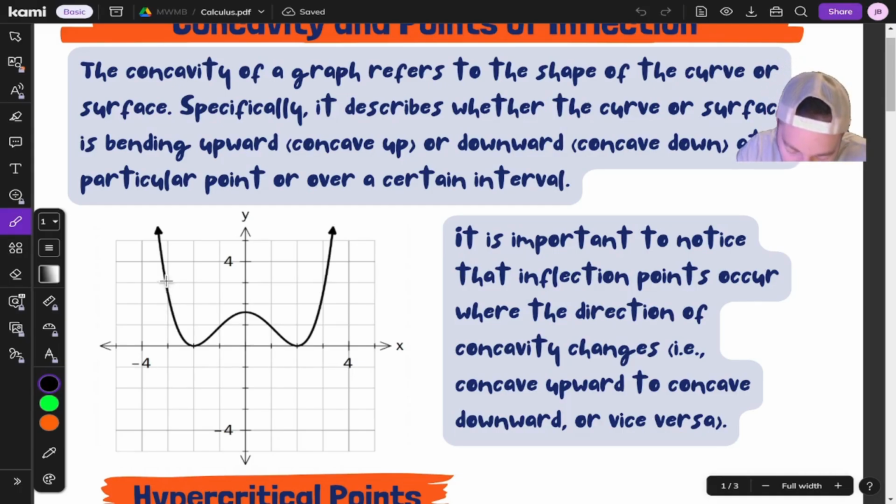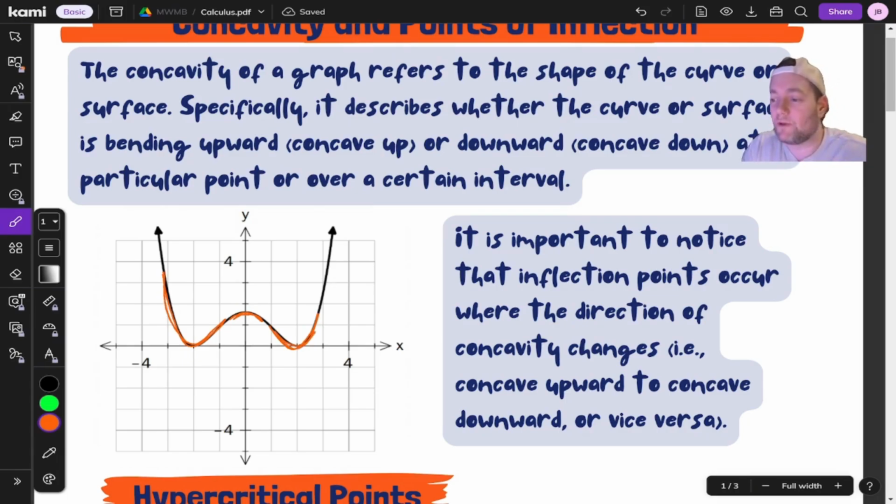If you look at this part of the graph, you can see that it is opening up. Opening up means the graph has a curve pointing to the sky. And then this part right here, that U shape is downwards. And then this part right here is opening up.